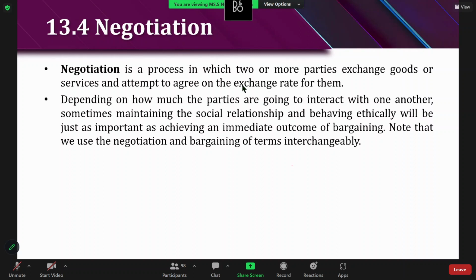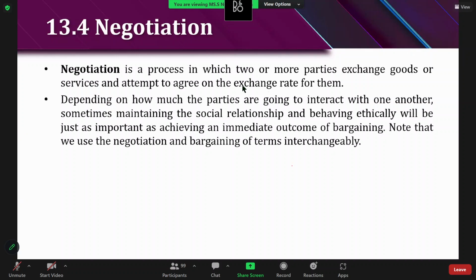Again, negotiation is a process where two or more parties exchange goods or services and attempt to agree on the exchange rate for them. So here, they are trying to exchange a good or service, and they try to agree on the exchange rate.